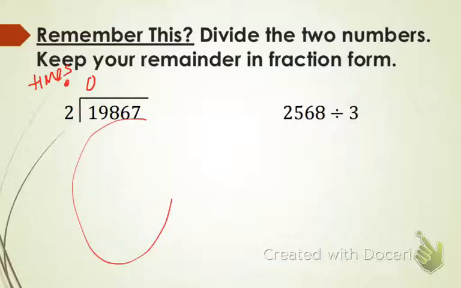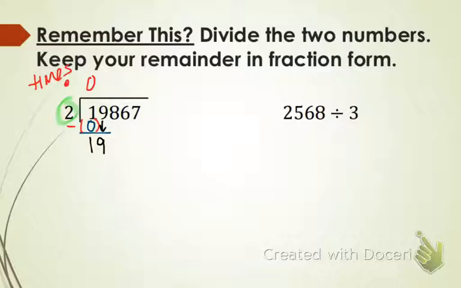We multiply 0 times 2, which gives us a 0, and then we subtract the two numbers. 1 minus 0 is 1, and bring down the next digit, 9.